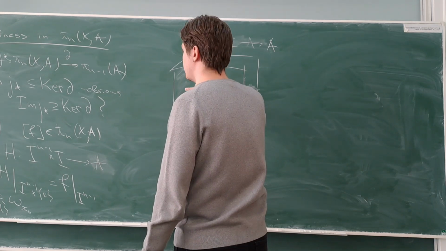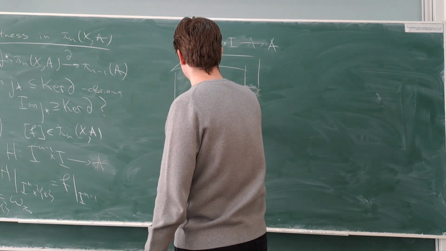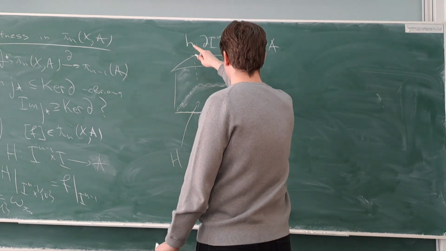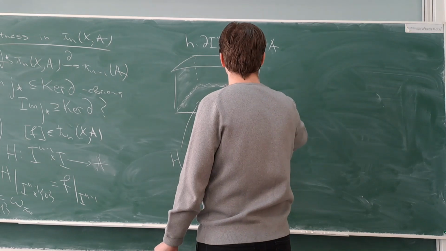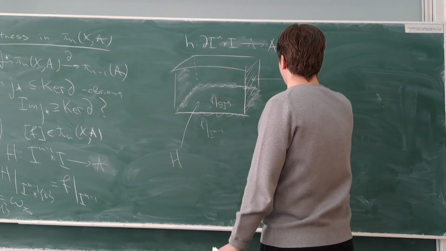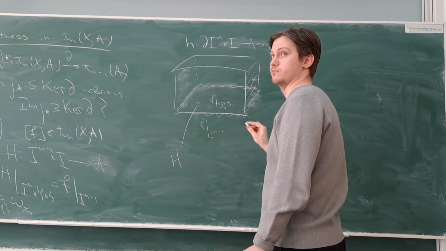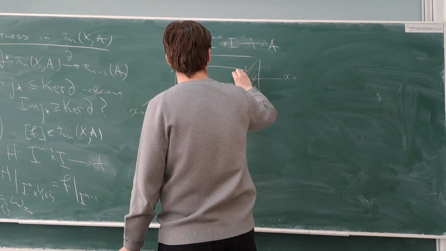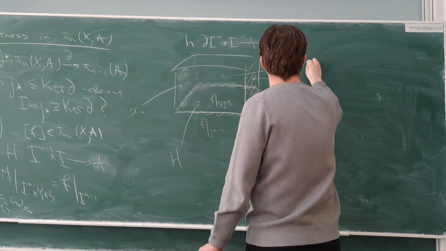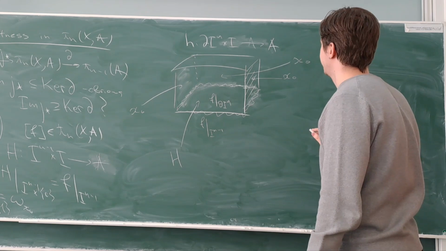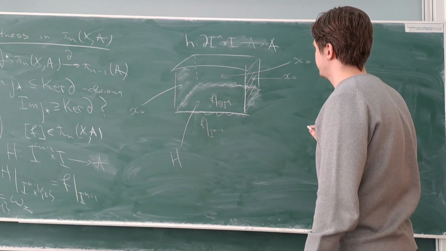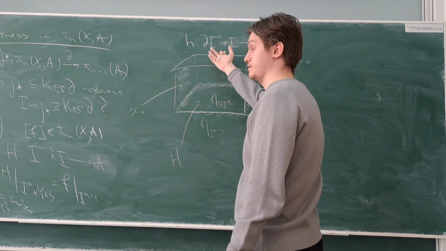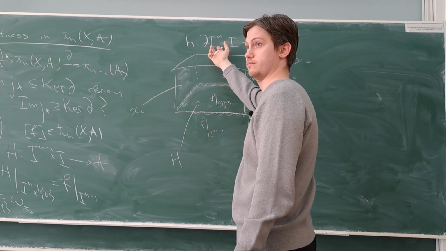And this face will be precisely h. Then I want to continue this homotopy to a smaller h, such that on the other faces it is constant at the base point. So it is x0 on this part and these two. I define this smaller h by this rule, okay?